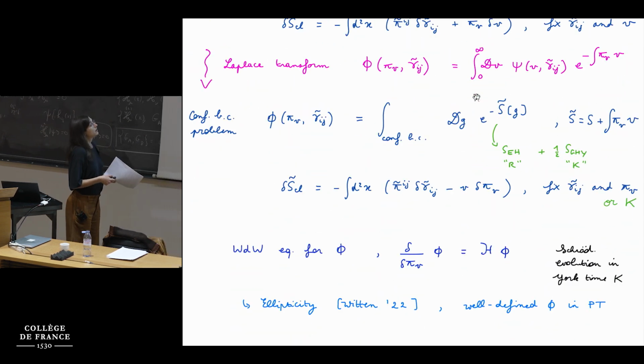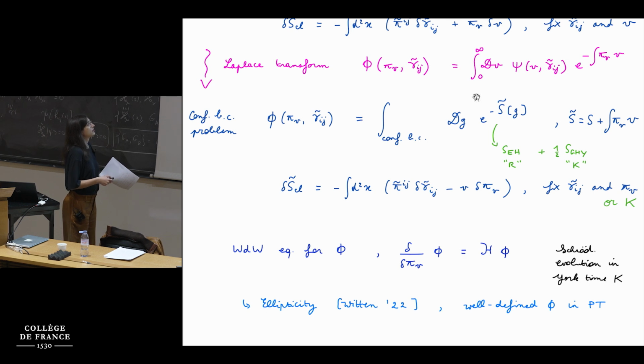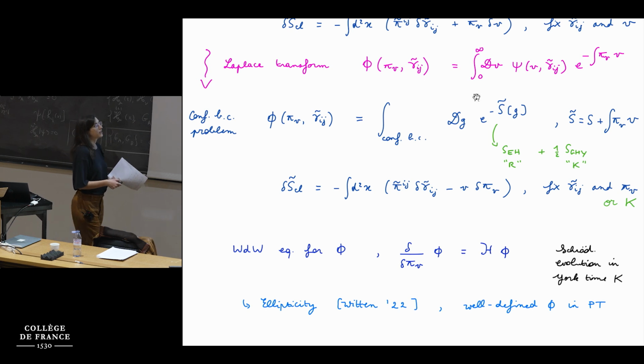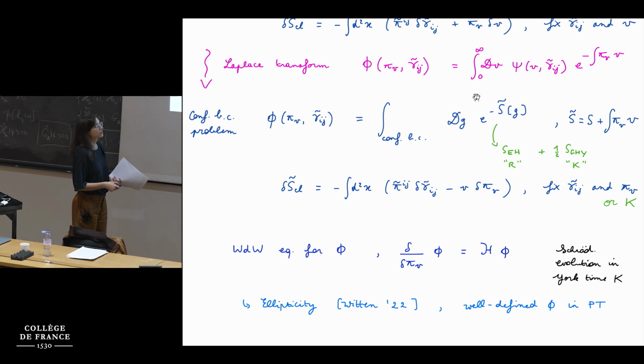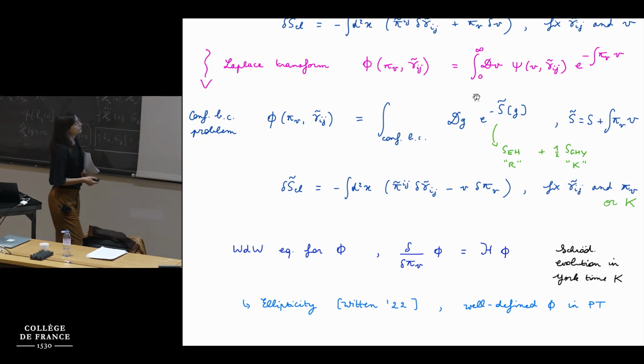But the point is that the Wheeler-DeWitt equation that you obtain for this new gravitational wave function takes such a form that it describes Schrodinger type evolution, not in volume time, but in York time. Your York time is pi v, or the trace of the extrinsic curvature.